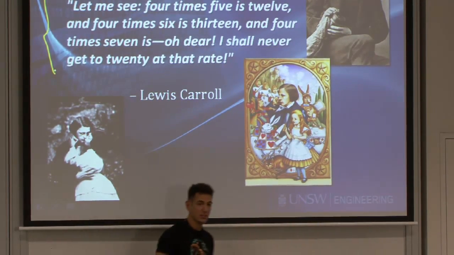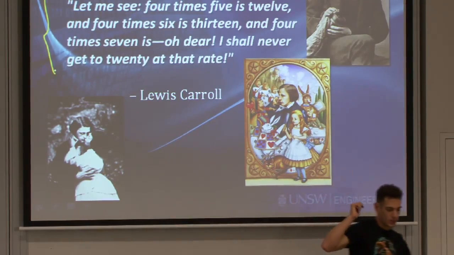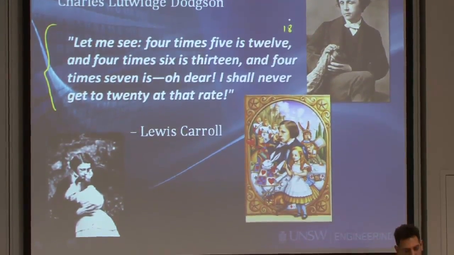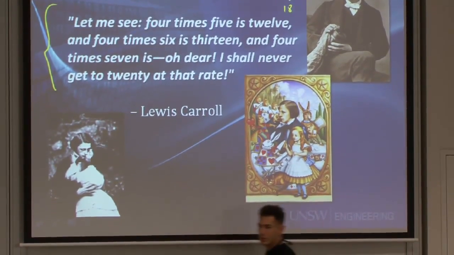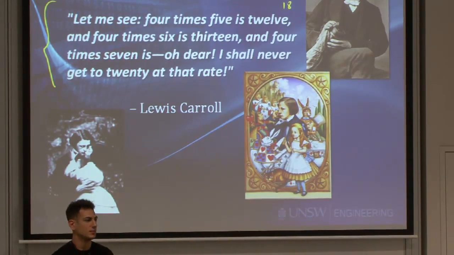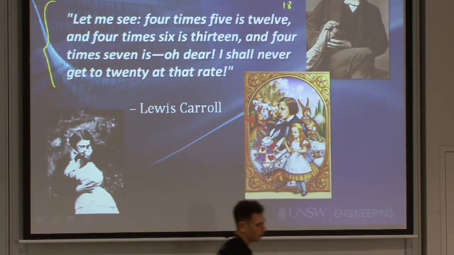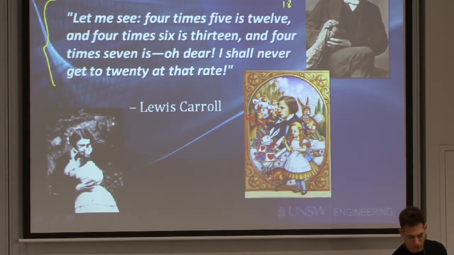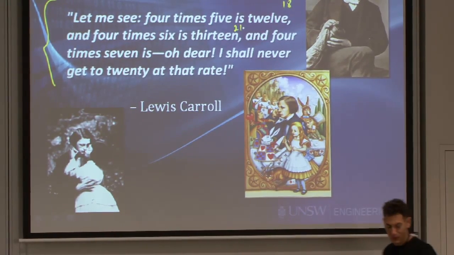maybe 14? Well, this would actually be true if we worked in base 18 here. So 4 times 7 in decimal will give you 28. If you work in base 18, it'll give you 12. Same logic if you look at 4 times 6 in base 21, you will get 13.